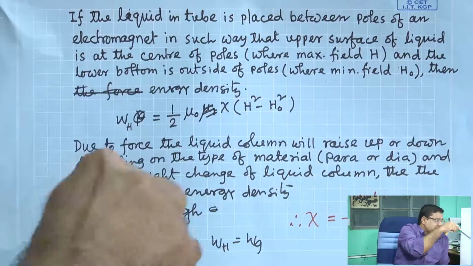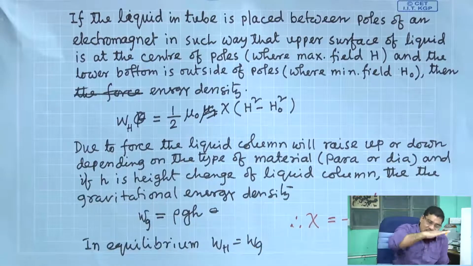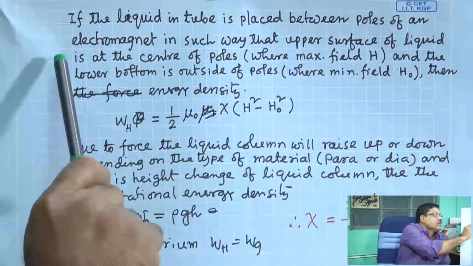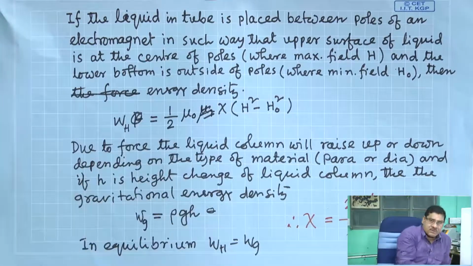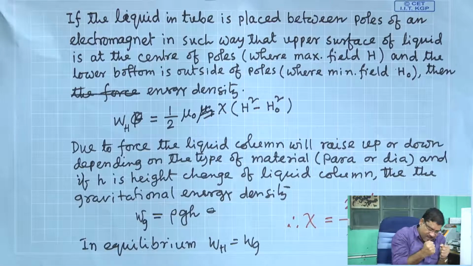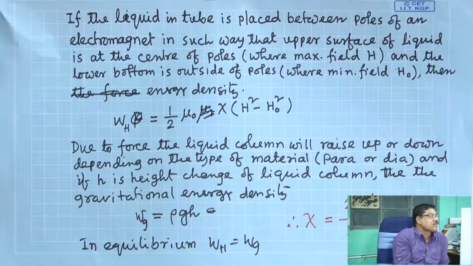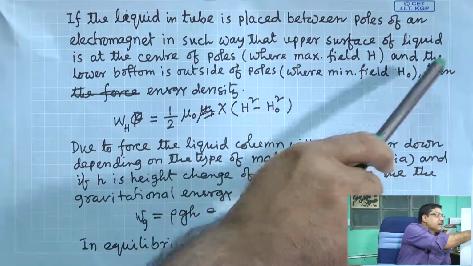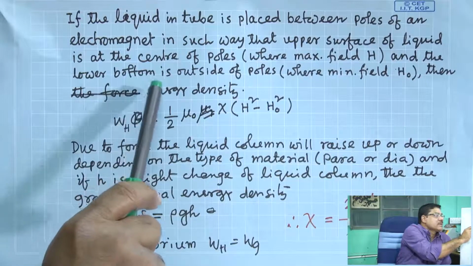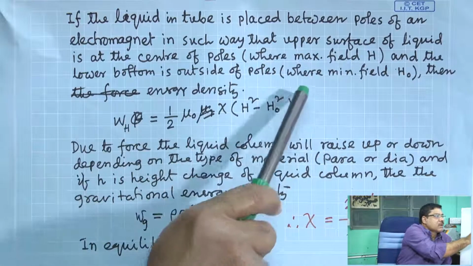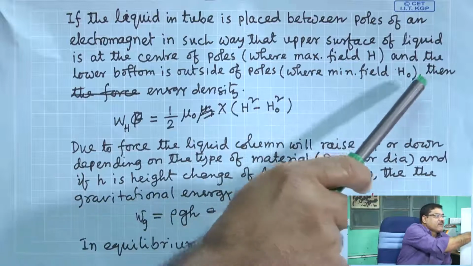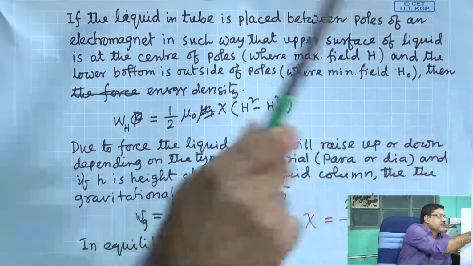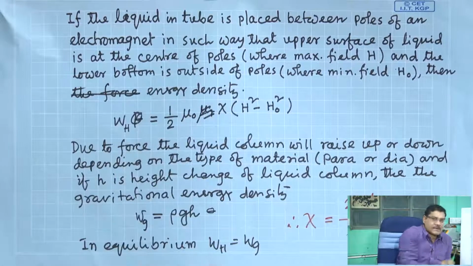We have to place it in such a way that the upper surface of the liquid is at the center of the pole pieces, where there is maximum field H, and the lower bottom is outside of the poles, where there is minimum field H 0. This is H, this is H 0.